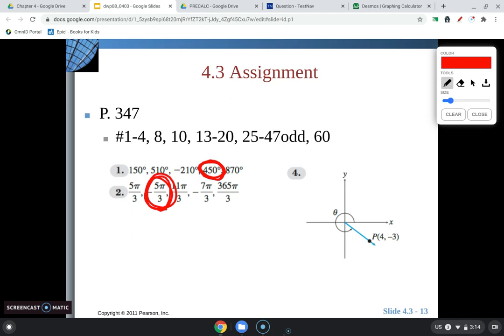All right, number 4, I believe we're supposed to put all 6 trig functions. So here we go. There's our reference triangle, 4, -3, and then 3, 4. So our hypotenuse has to be 5. So our theta is right up in there. All right, here we go.